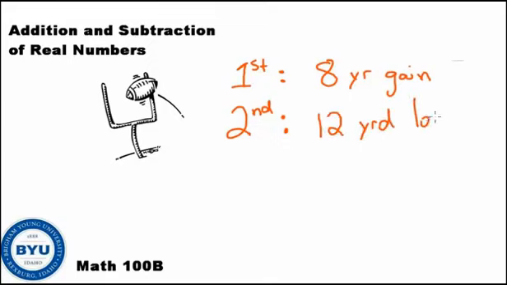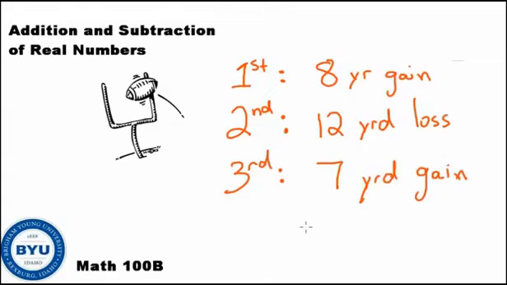A 12-yard loss. Then on third down, they do a pass and get a 7-yard gain. And then on fourth down, they decide to go for it and get another 6-yard gain. The question is, what would be the total yards gained or lost in these 4 plays?